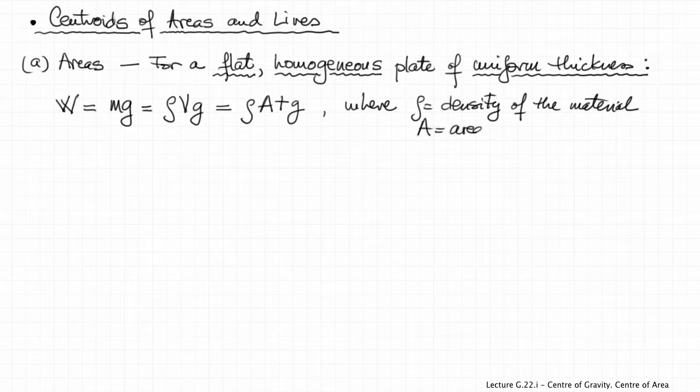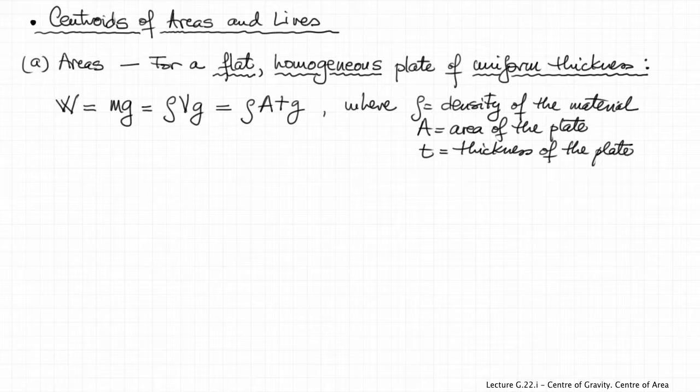So again, rho is the density of the material the plate is made of, A is the area of the plate, and t is the thickness of the plate, the uniform thickness of the plate.